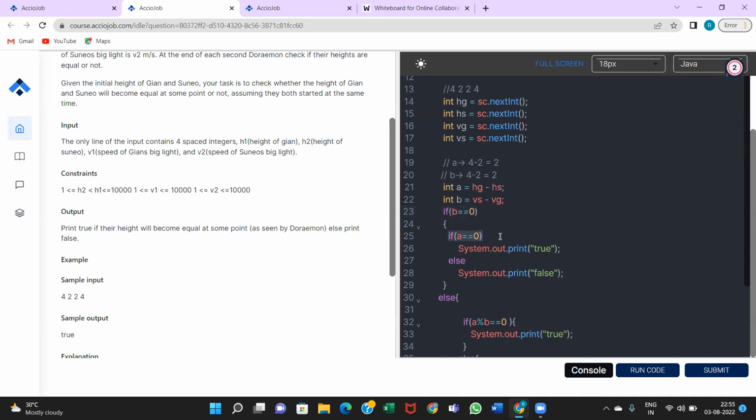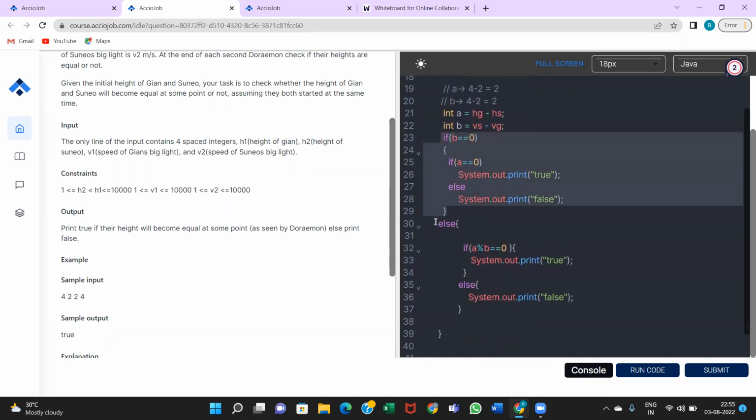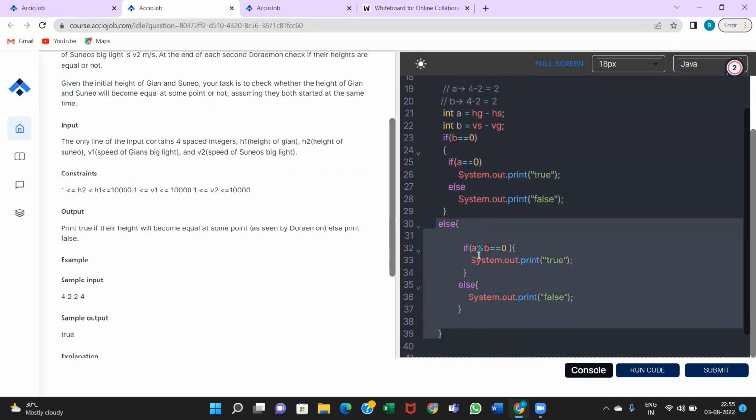If that is the case, we'll print true, otherwise false. Now, if this condition is not true, like in this scenario where the value of B is 2, we'll go to our else block. In the else block, we check whether B is a factor of A or not. For that, we check A modulo B equal to 0. If that is the case, we return true, otherwise we return false.